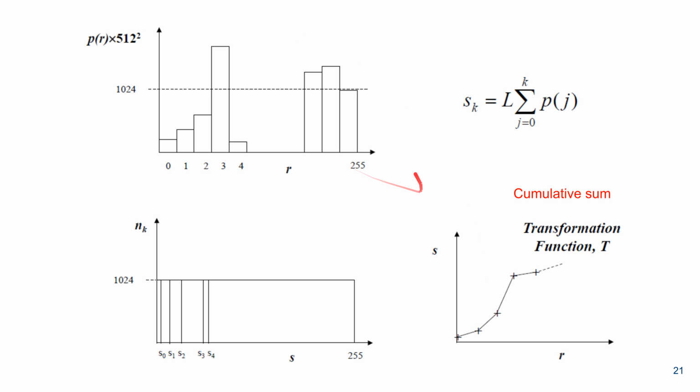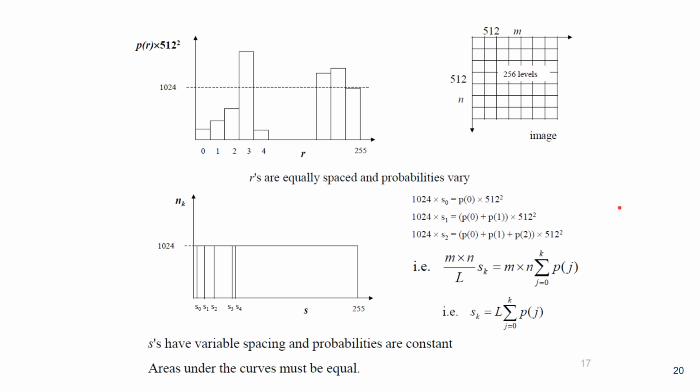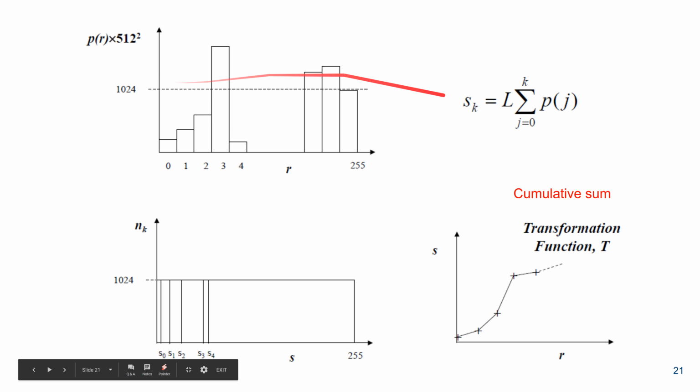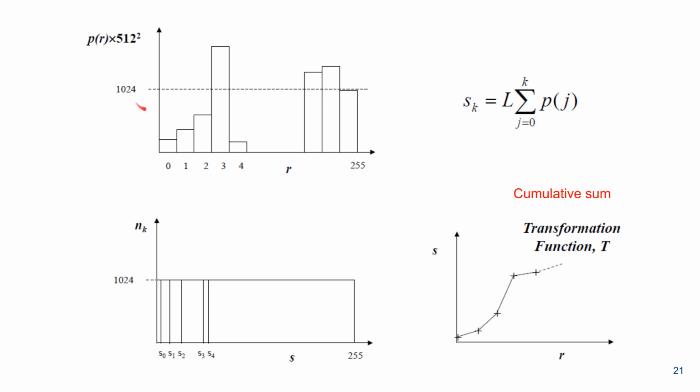So if we've got the histogram of the transformed image and do the cumulative sum of it, we can determine this transformation function T. I think there's a function in MATLAB called cumsum, or if you search for cumulative sum, it can take a function and calculate the cumulative sum for you. So this is just this expression here, where P is the probability of occurrence.